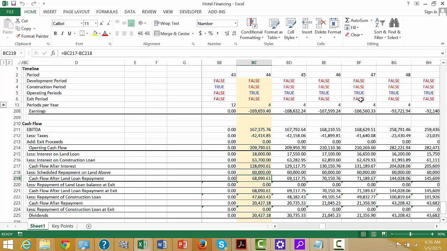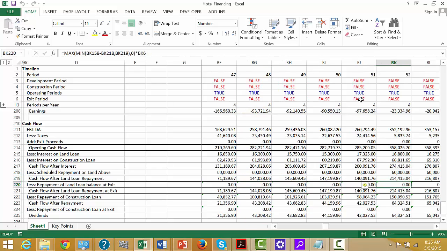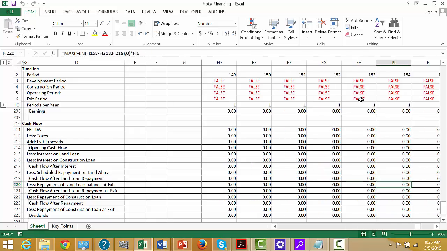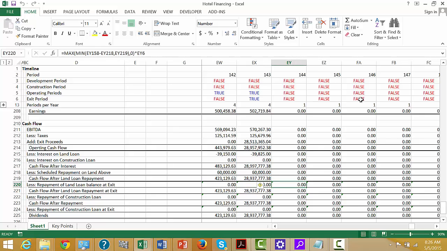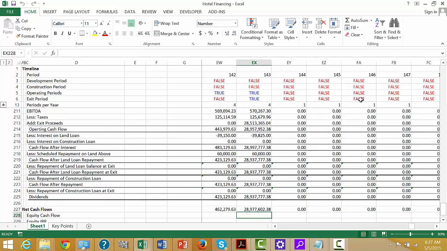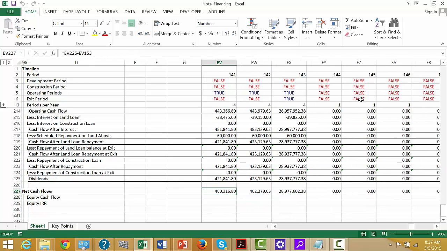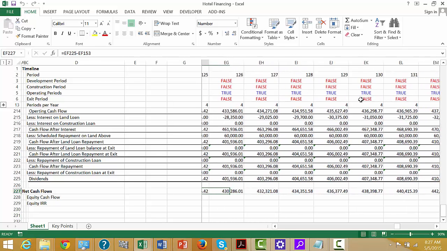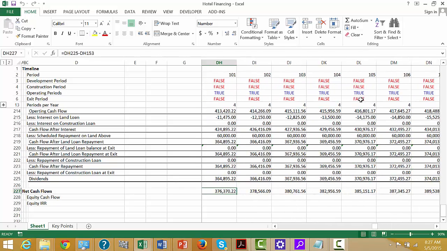Now we don't have any money coming out of the land loan until the exit, and it looks like scheduled repayment on the land loan I did wrong because we have some interest on the land loan, which is totally fine because I made another mistake because I didn't use the minimum function, but we're kind of getting there.